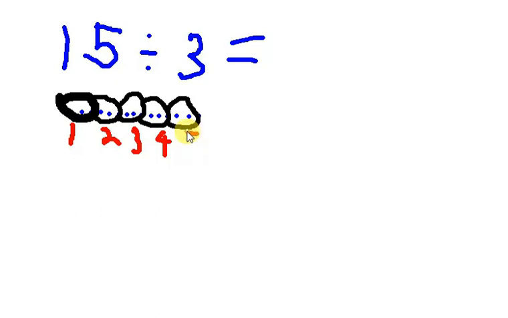The fifth subtraction ended up with 0 or none of the 15 elements being left. That implies that our answer here is 5. Now, the idea is to make subtraction more friendly for lower grade students or early grade students.